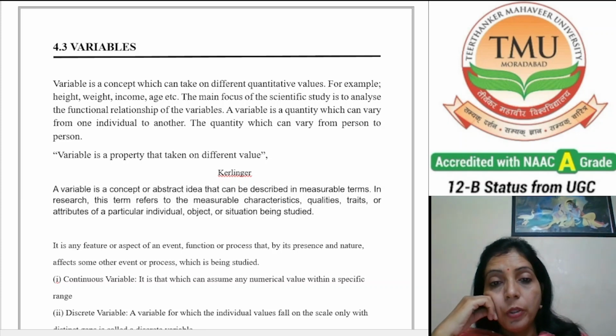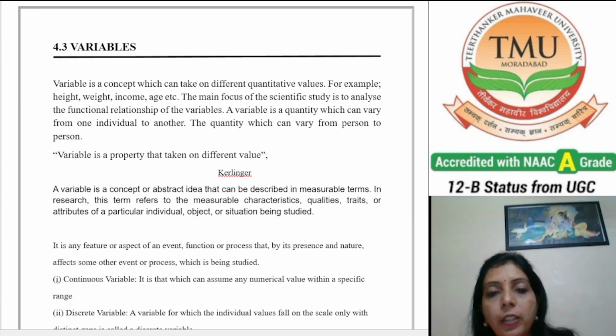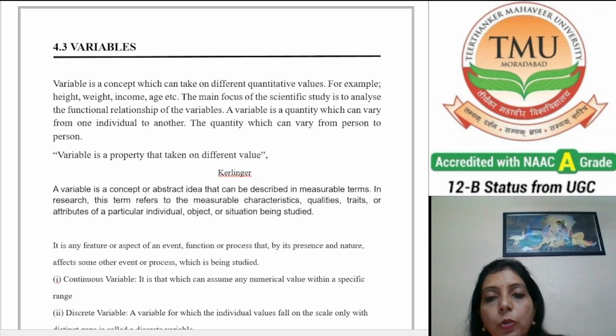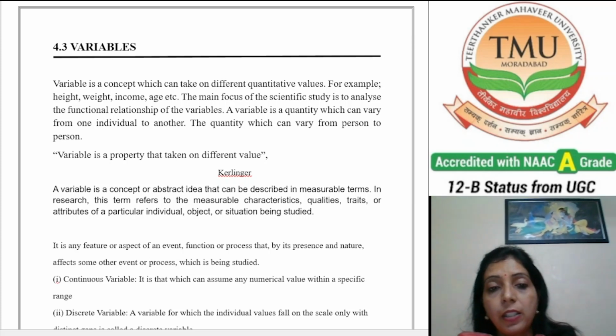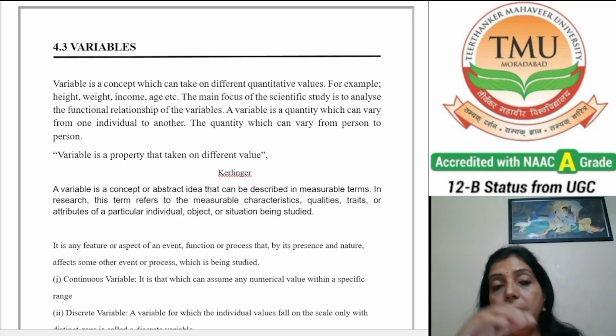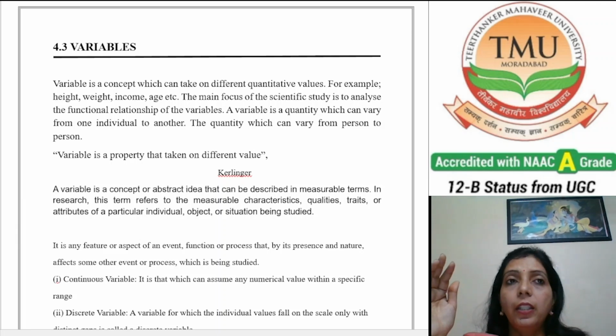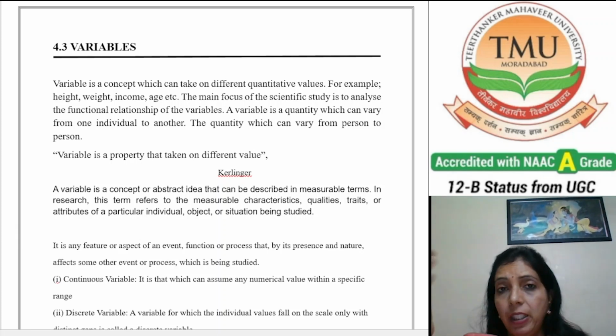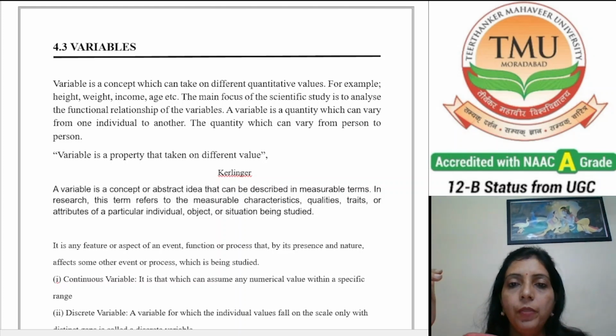The researcher could analyze the scores for boys and girls separately to see whether the results are the same for both the genders. We can study it on the basis of gender: what is the effect of teachers' praise on the reading achievement of male students, and what is the effect on female students?